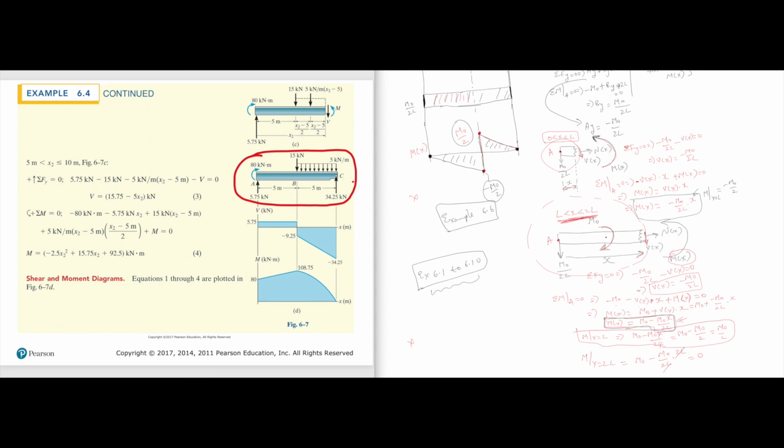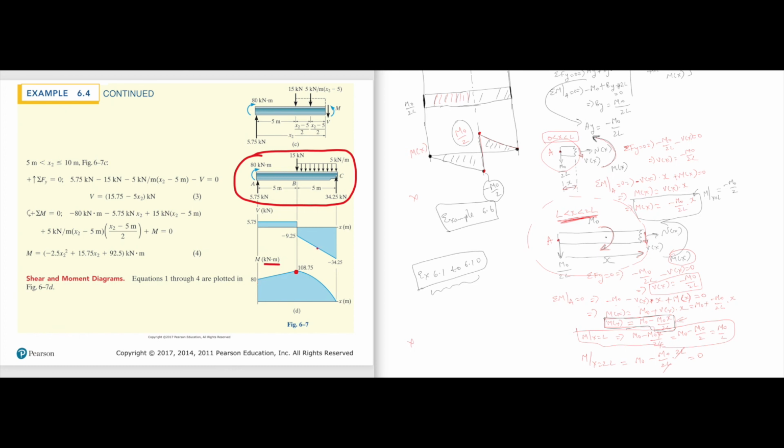You have to draw the bending moment diagram. Only from that will we be able to locate where the maximum bending moment occurs. That means if I give this loading in the exam, the first task is to draw the shear force and bending moment diagrams, and you have to find out that at B the maximum bending moment occurs and it is 108.75 kilonewton meter.